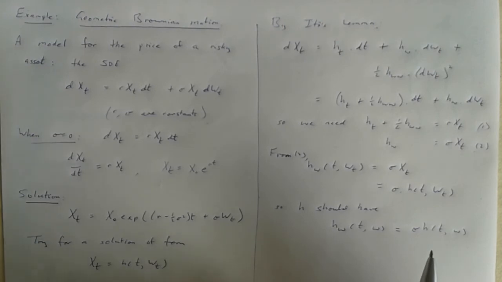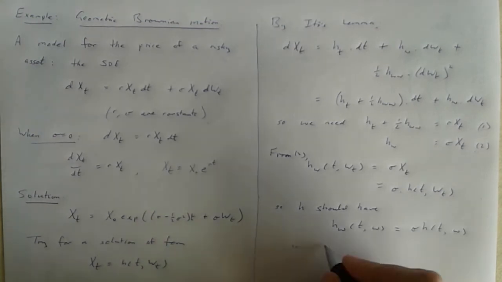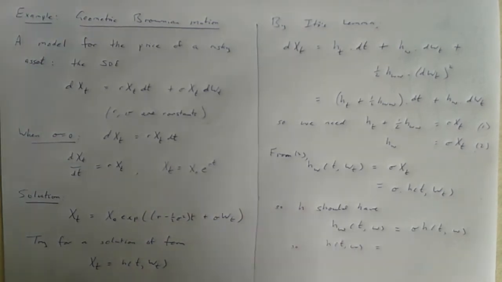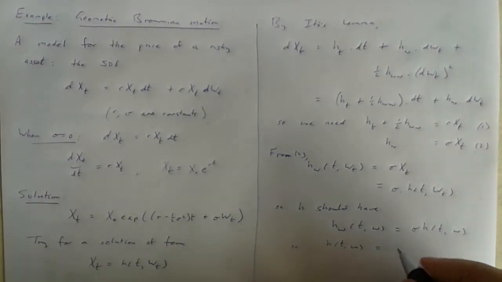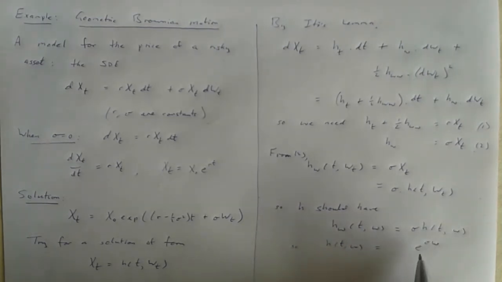And what sort of a function could that possibly be? Well, there are not many things that you can differentiate and get back a multiple of the function you had to start with. It must be basically something like this, right? So that when you differentiate it with respect to w, you get sigma times itself.